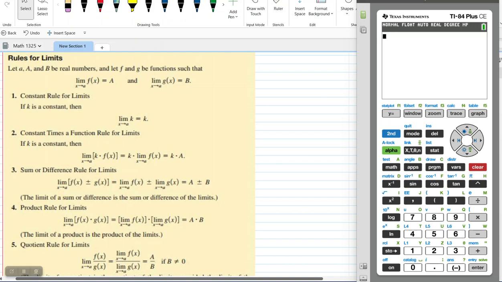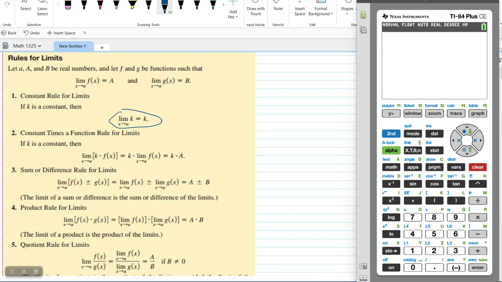And I have given you blank notes for this review found under Bright Space under videos and completed notes so that you can read again all of these limits. The constant rule means that the limit of a constant is the constant, because it doesn't matter. It's a horizontal line.